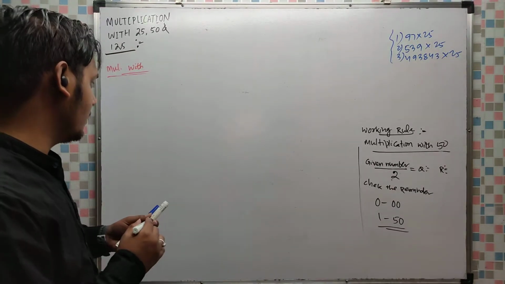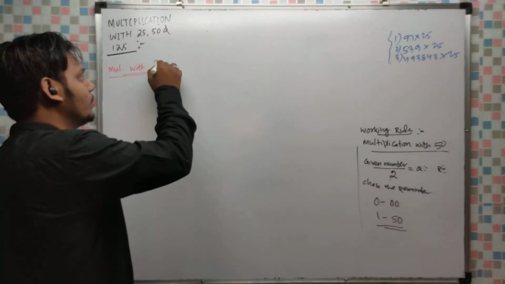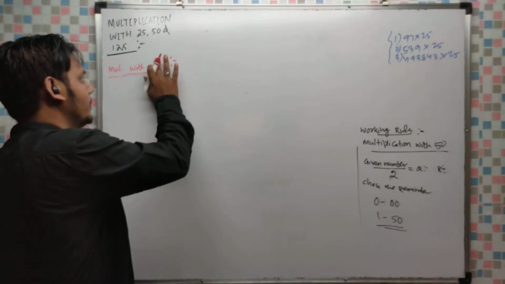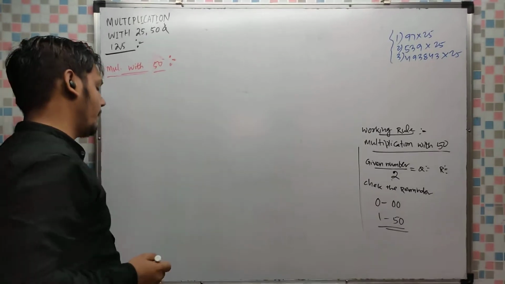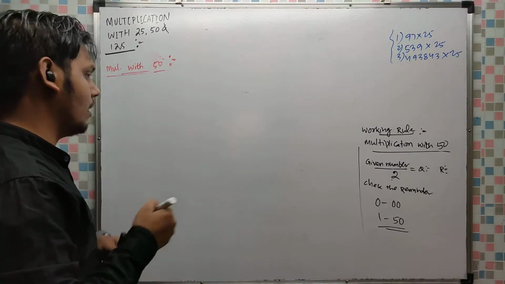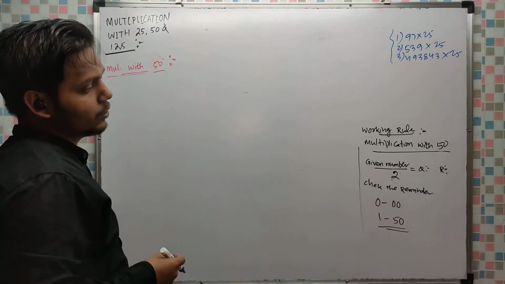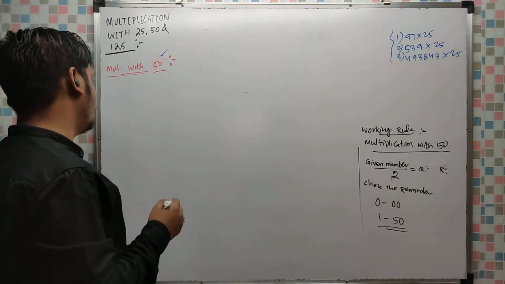It is even easier as compared to 25. The process is the same, the working rule of division by 50 is like 25.